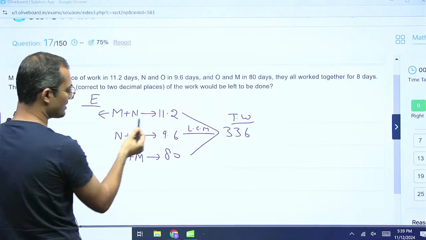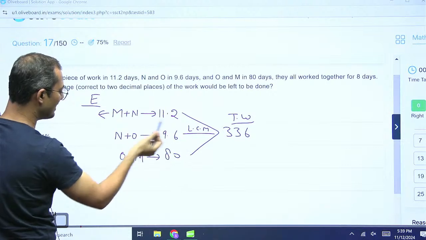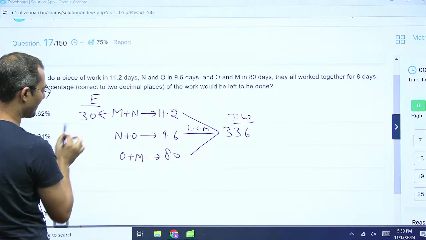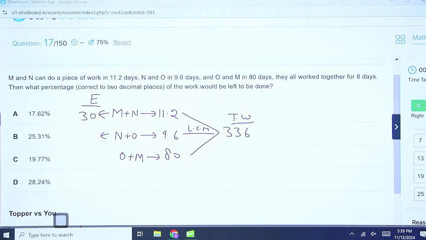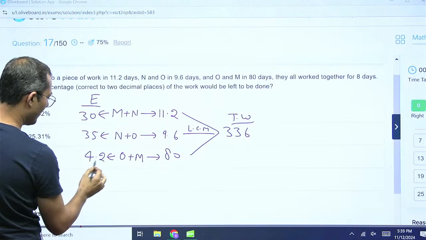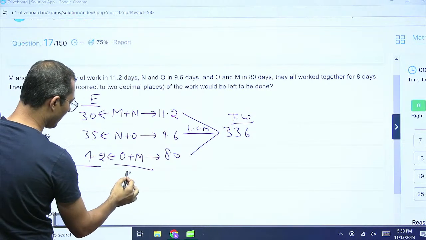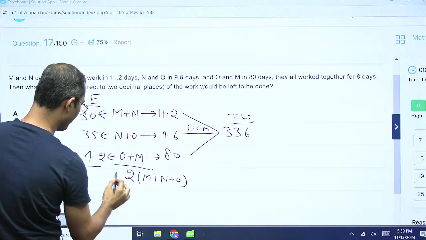So what is the efficiency? After dividing 336 by 11.2, it is easily divisible by 3. So by 9.6, this is divisible by how much? Tell me. So it is going to be divisible by 35 and by 8 it is 4.2, right? So we can say that after adding all, so twice of m plus n plus o, we will get how much?